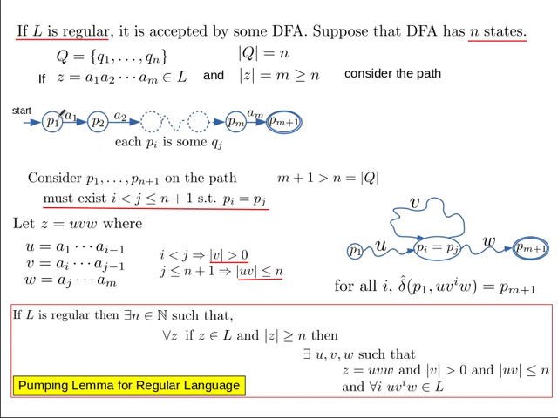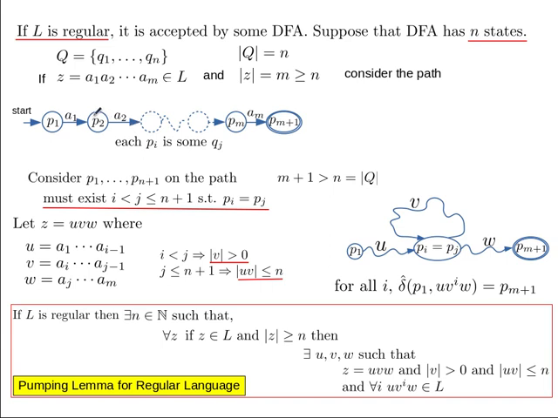Now the question is, how many states do you have on this path? You have m edges for m symbols, and you have m plus 1 states here. But the DFA has n states, and this m is greater than or equal to n. So if you have m plus 1 states here, there must be some repetition.